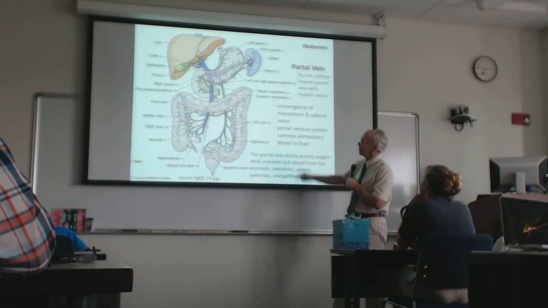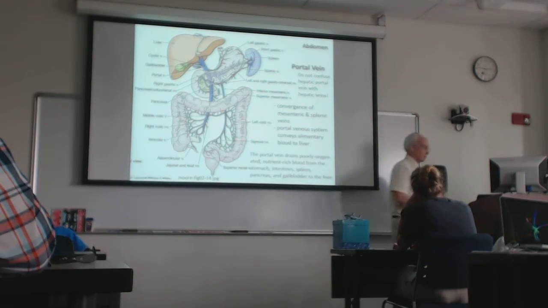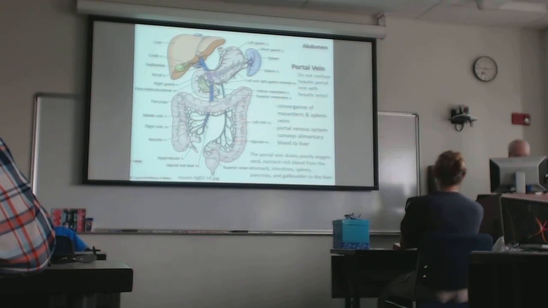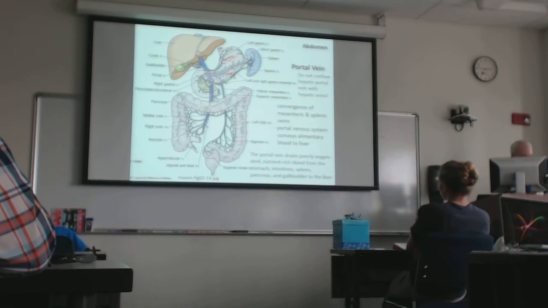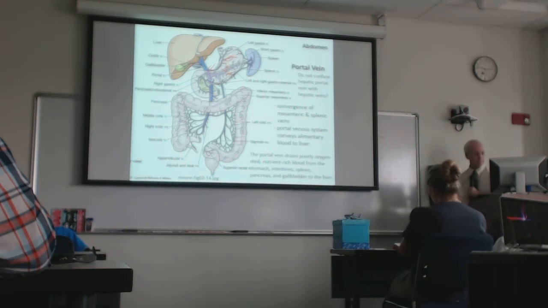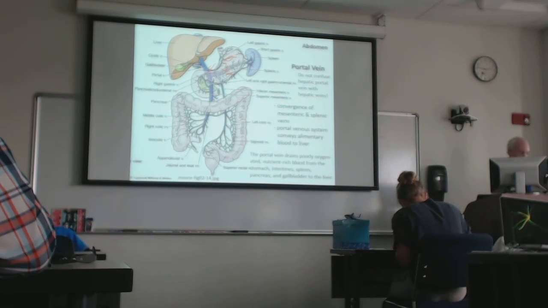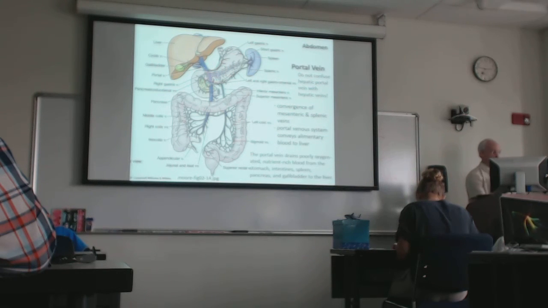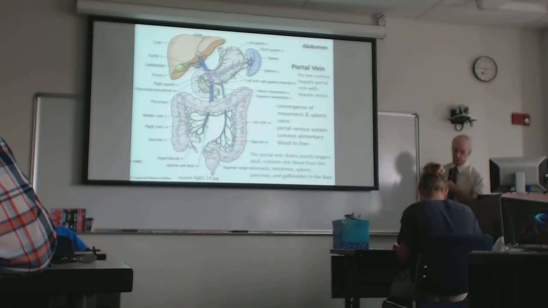I'm sorry, the portal. Actually, that's a good point. As you can see, I'm getting tired here. But the gastric, all of these blood vessels in here can drain variously, either into the splenic vein, sometimes directly into the portal vein. You can see, for example, the gastroepiploic vein draining into the superior mesenteric and the gastric veins draining into the portal. So there's diverse drainage up there in the region of the duodenum and the stomach.